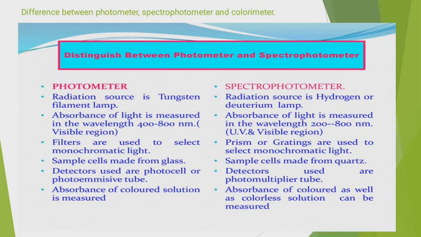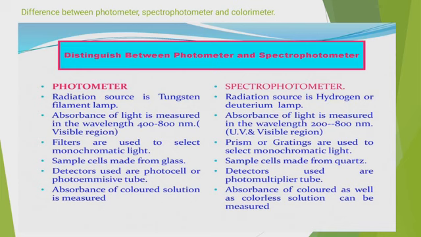What is the difference between these three types of instruments used in the measurement of absorption of UV radiation? Let us see the main difference points between photometer, spectrophotometer and colorimeter.